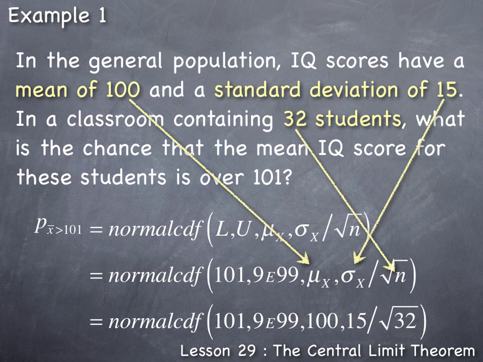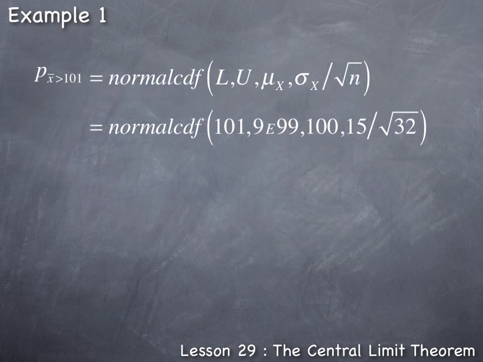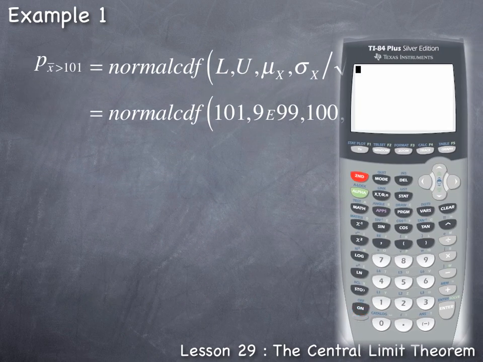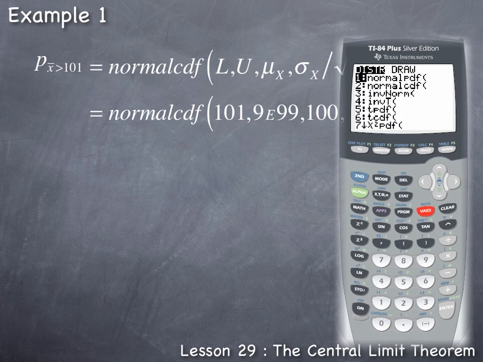So now we can input this normalcdf command into the TI-84 calculator. To do that, we find the normalcdf command in the distribution menu by pressing second, DISTR, arrow down till we find the normalcdf command, press enter to select, and then enter 101, 9E, which is second comma, 99, 100, 15, divide by, square root, which is second square root, 32.